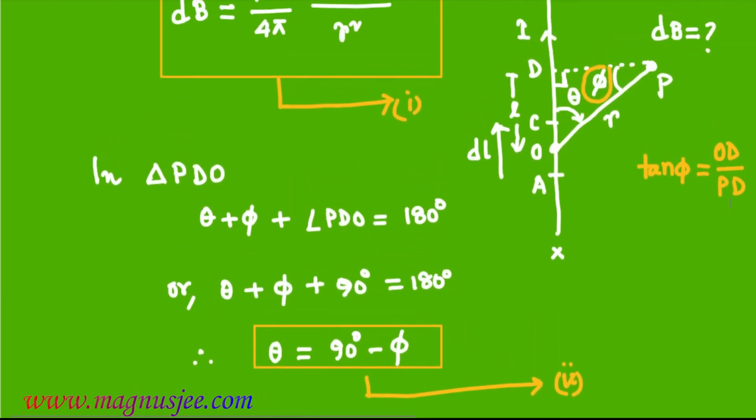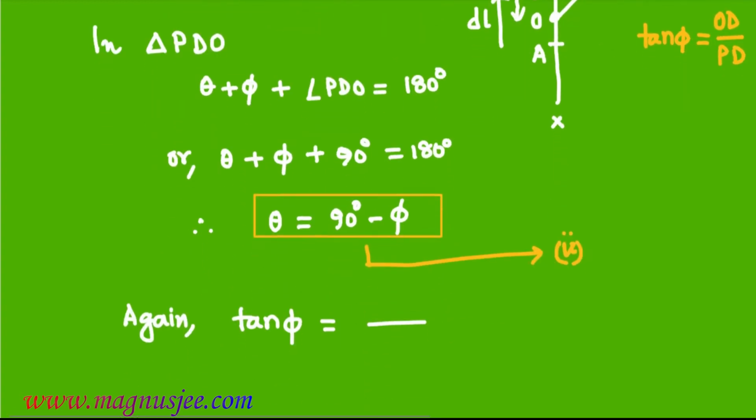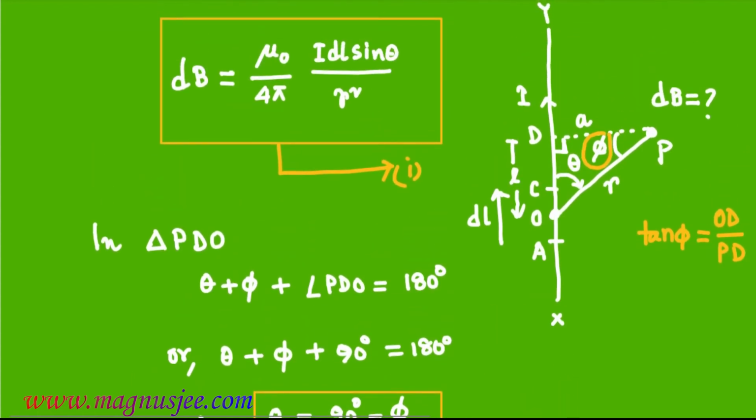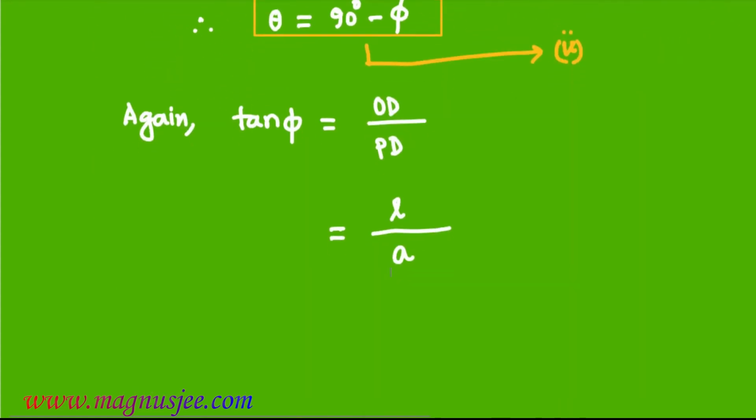Now OD is L, small l, and PD is A, the perpendicular distance. So tan phi equals L by A. Therefore, L equals A tan phi.